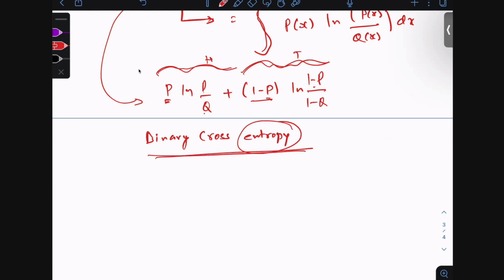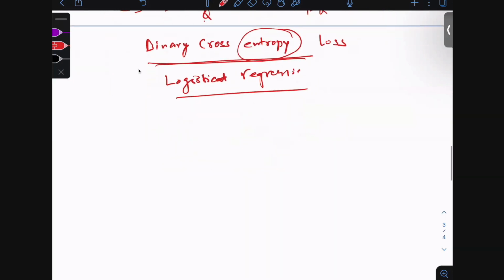So this binary cross entropy loss is usually measured in case of logistic regression, right? And what is the logistic loss? If you friends recall, it is represented again as the sum of yi ln yi hat, with i equal to 1 to 2 in the case of our binary classification.